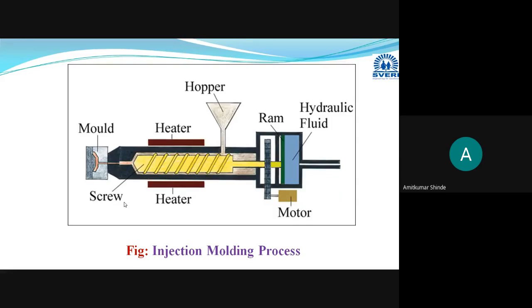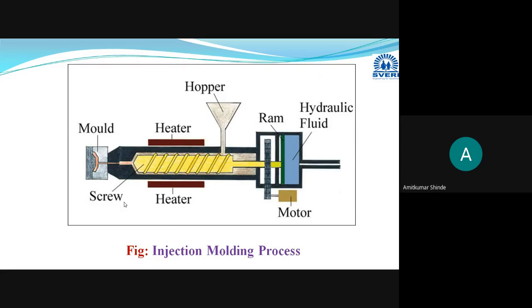Then close dimensional accuracy can be obtained. Processing time is very less, that's why it has a higher production rate. Then accurate dimensions can be obtained. Then wastage of the raw material is very minimum. And complex components can also be manufactured.